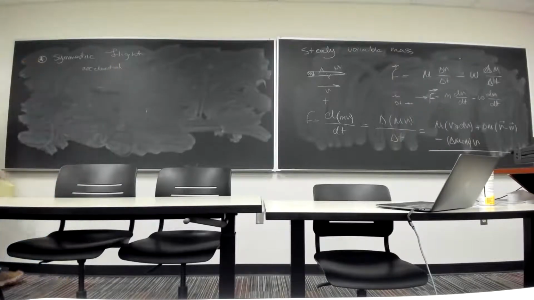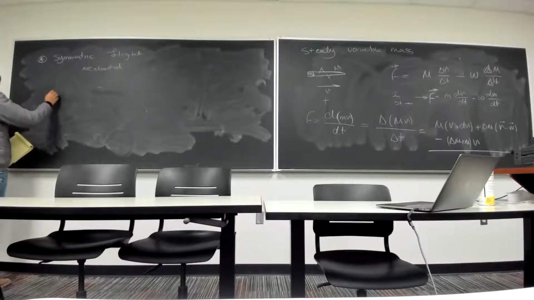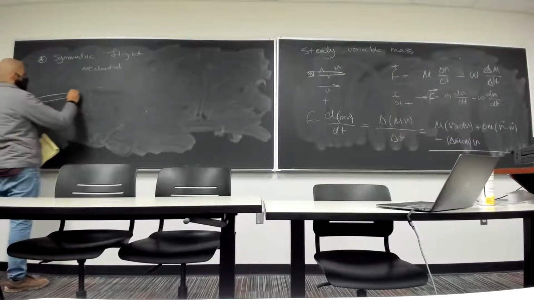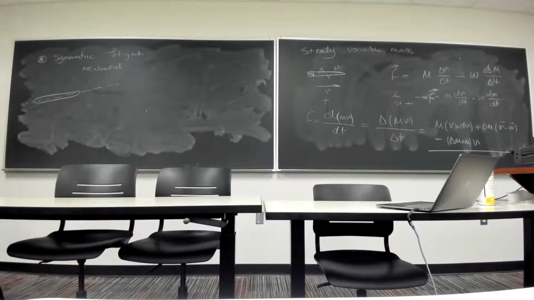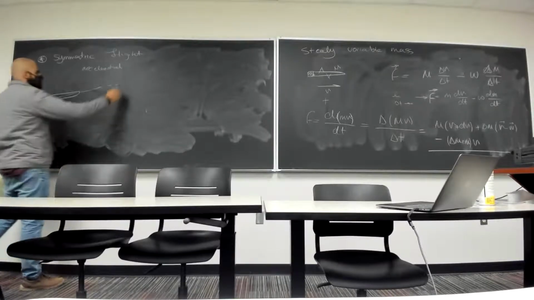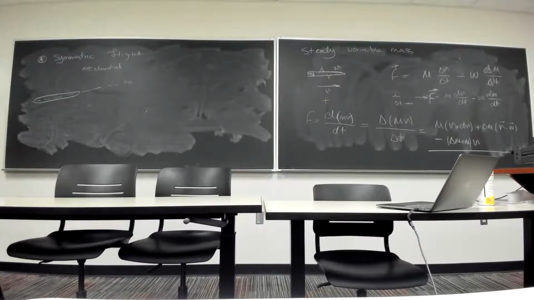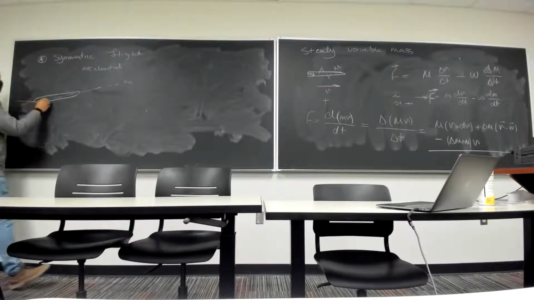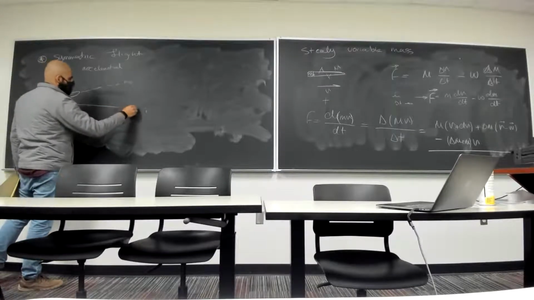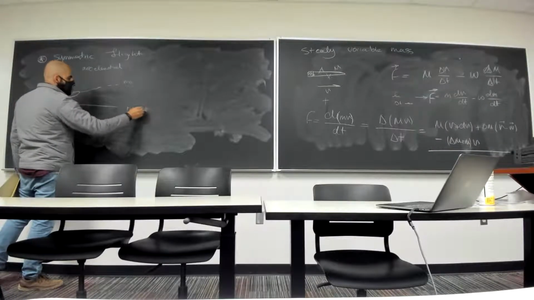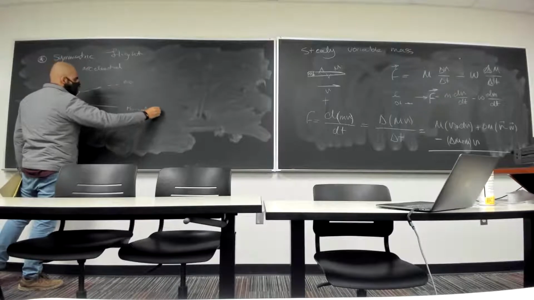Okay, so for symmetric flight, your configuration will look like this. Let's say this is your chord line, or x of b, and this is your horizon, or x of e.